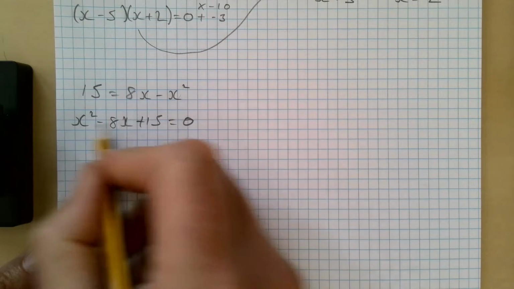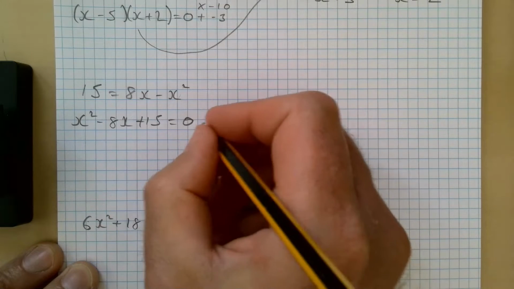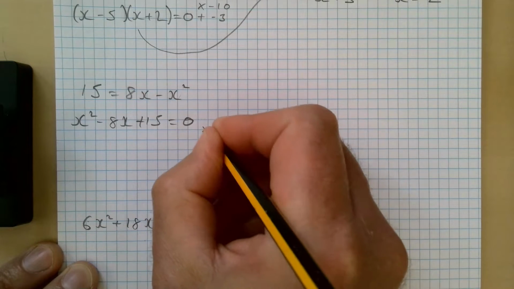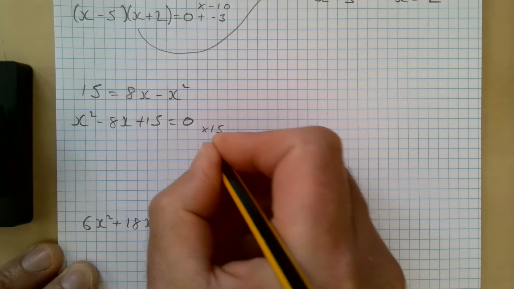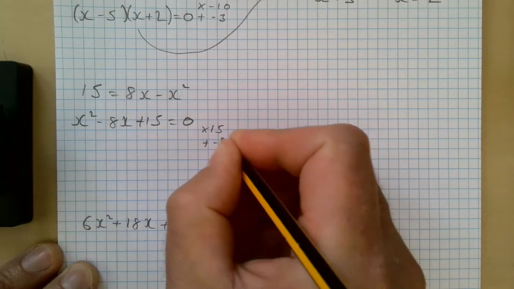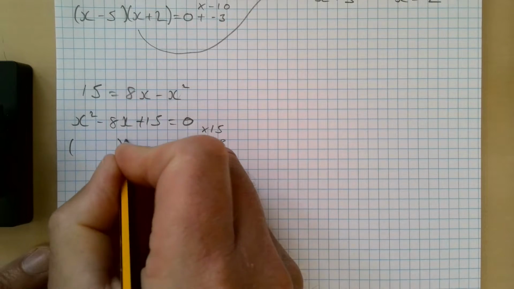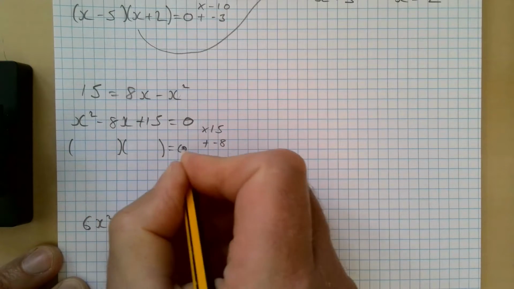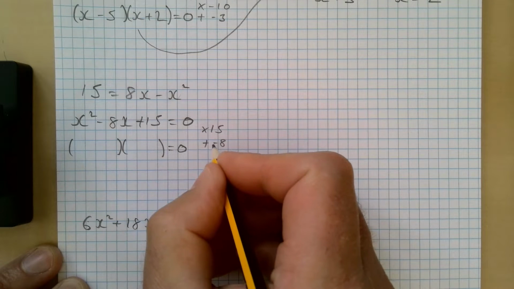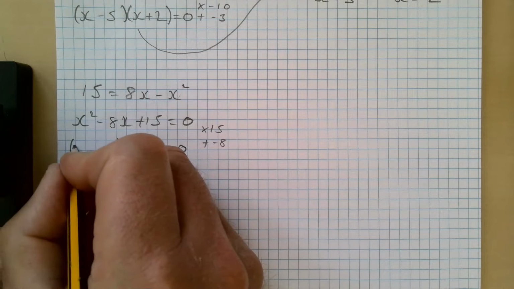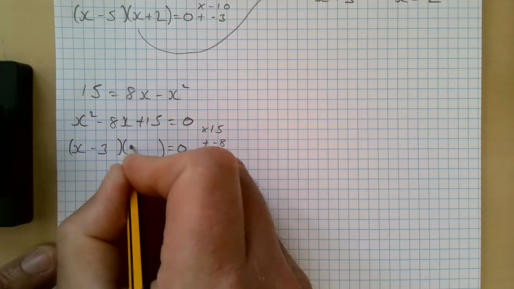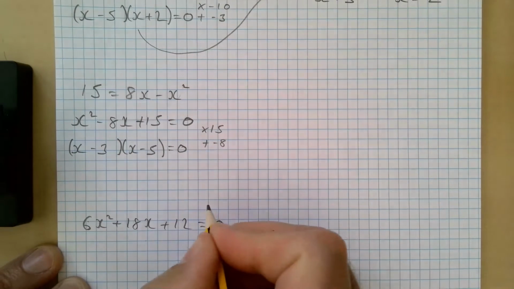And now I hope most of you remember what to do. So we need two numbers that multiply together to give 15, and the same two numbers add together to give minus 8. If they add to give a minus and multiply to give a positive, the only option is if they're both negative. You can't get any with positives out of that. So it's going to be x minus 3 and x minus 5.